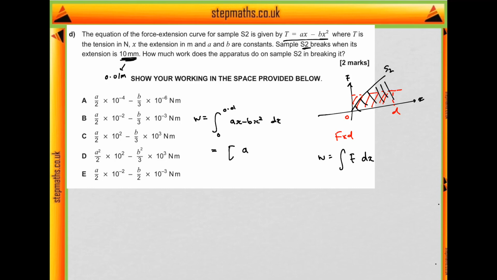This gives us ax squared over 2 minus b over 3 x cubed, from 0 to 0.01. Let's put in 0.01, which is just 10 to the minus 2. So this is a over 2 times 10 to the minus 4 minus b over 3 times 10 to the minus 6. That is going to be A. So we're done with this question now.